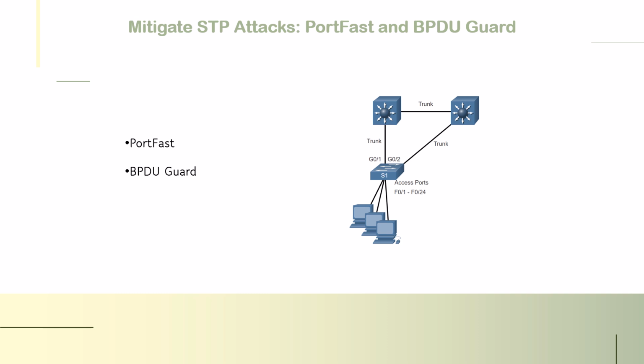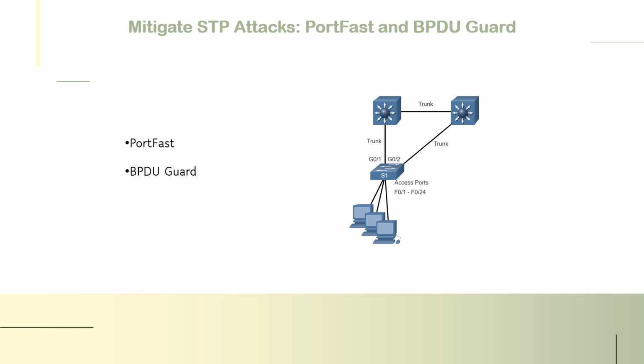PortFast bypasses the spanning tree protocol listening and learning states to minimize the time that an access port must wait for spanning tree protocol to converge. If PortFast is enabled on a port connected to another switch, there is a risk of creating spanning tree loops.